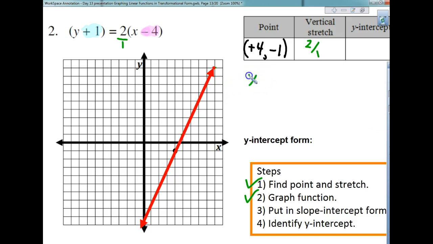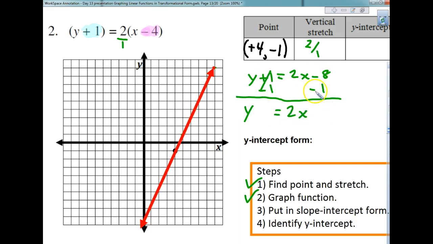I can go ahead and solve. So we got y plus 1 is going to be 2x, 2 times x, and 2 times -4. Subtract the 1 to both sides, putting it in slope-intercept form. So we got the y equals, and now we know our y-intercept comes from this calculation right here, -8 minus 1 is -9, which we can confirm on the graph right here. That's at 0, -9.